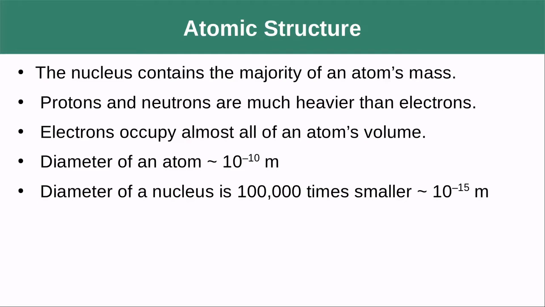So, as we've seen, the nucleus contains the majority of the atom's mass. Protons and neutrons are much heavier than electrons. Electrons occupy most of the atom's volume. They're actually pretty far away, on this scale, from the center of that nucleus. If the diameter of an atom is approximately 10 to the negative 10 meters, the diameter of a nucleus is only 10 to the negative 15 meters.